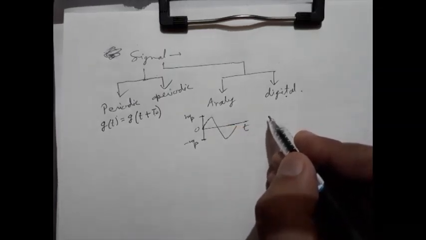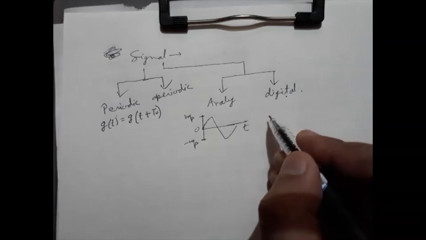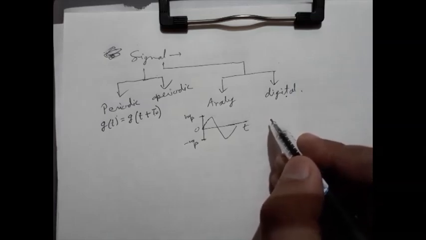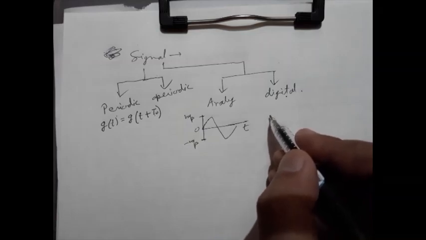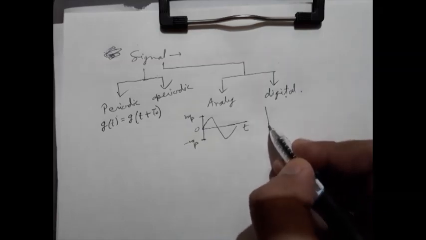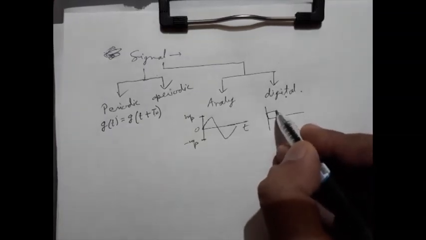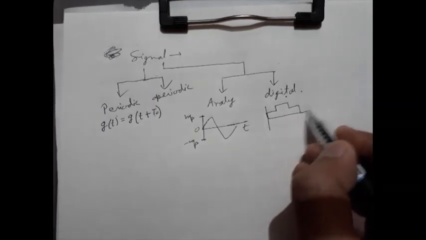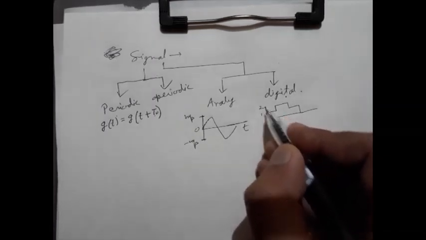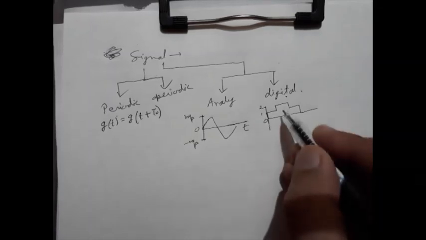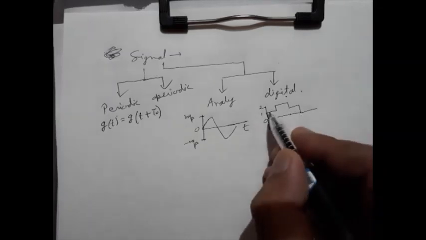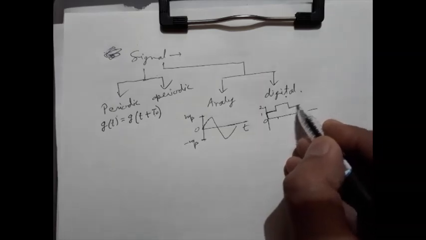Now digital signal means the amplitude of the signal can take only a finite number of pre-specified values within a certain range of amplitude. Let us consider this situation. We have a signal like this, with horizontal lines.